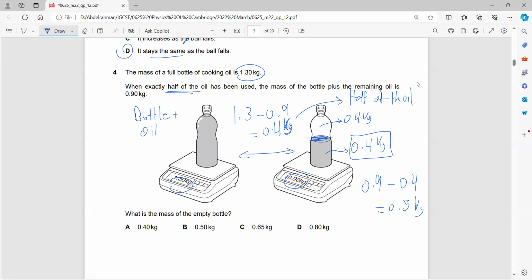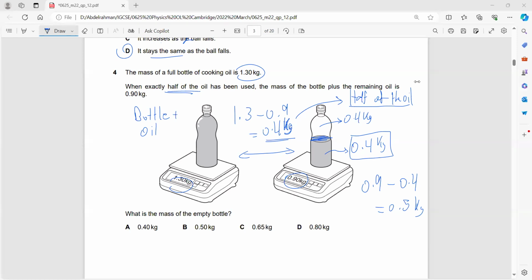The empty bottle without the oil at all, it has a weight, it has a mass. The mass of this empty bottle, how can I find it? By removing all of the oil. If you removed only half of the oil, and the mass which has been removed was 0.4 kilograms, then the remaining mass of the oil would also be 0.4 kilograms.